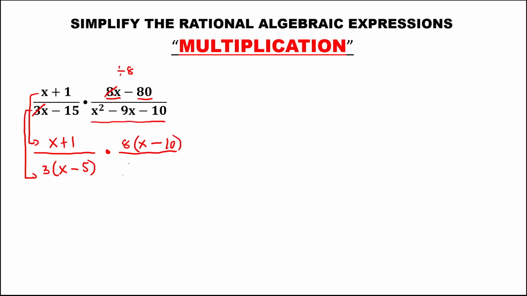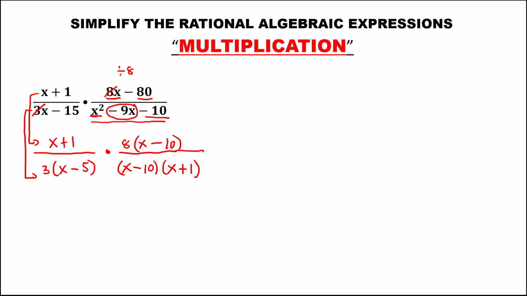And for this quadratic expression, using quadratic factoring, for x squared, this is x times x. For this negative 10, that's 10 times 1, because 10 minus 1 is 9x. But since this one is negative, the bigger number is negative and this is positive.